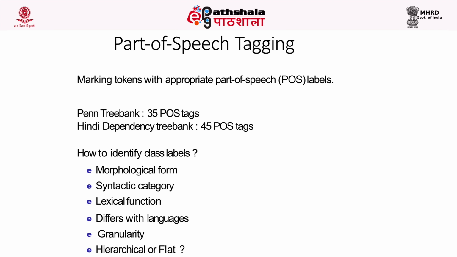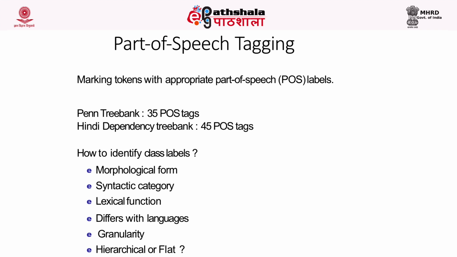So one relies on various kinds of linguistic analysis to do so. One looks at the morphological form and assigns the label. One also looks at the syntactic category. So sitting is morphologically a verb, and is is an auxiliary in our example because it is occurring before sitting, the verb.